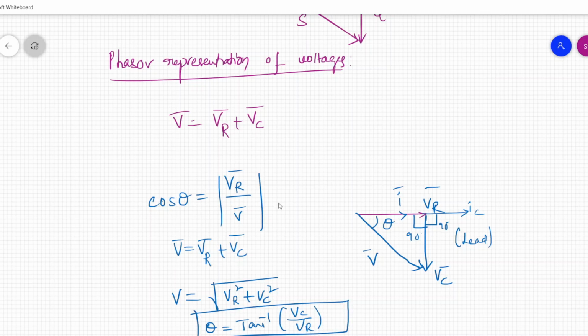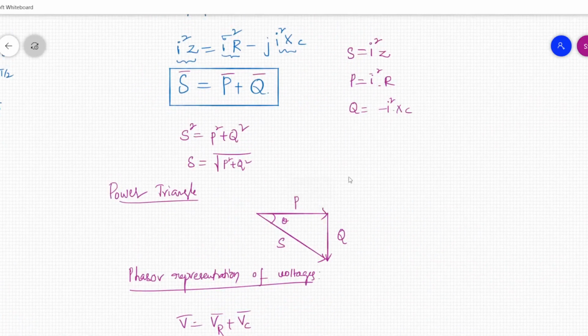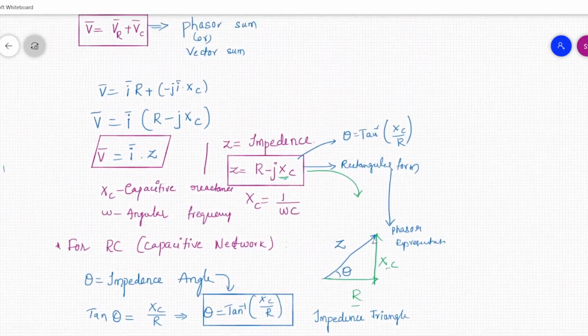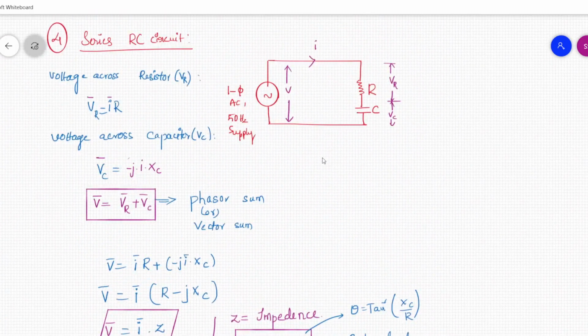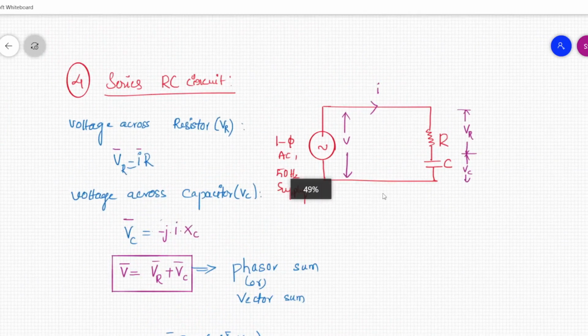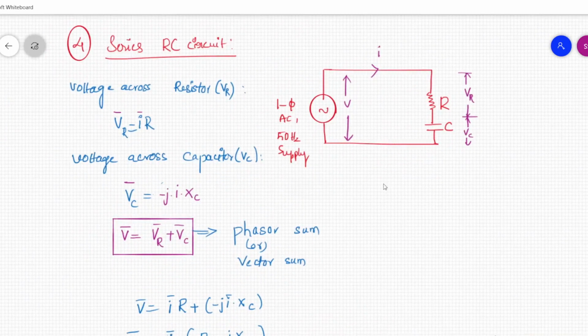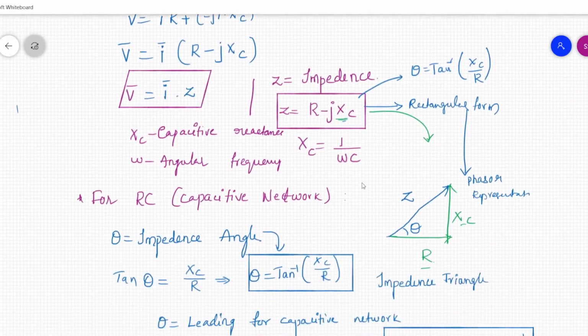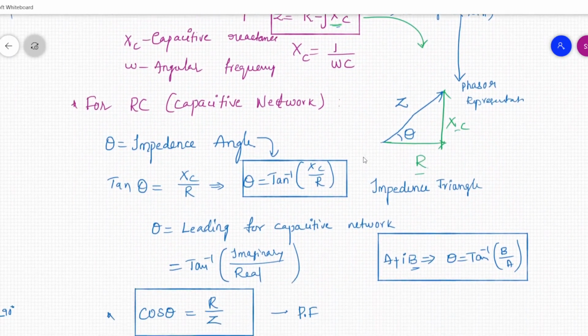Let me brief it again. We are going to find the voltage across each element first. Here we have found the voltage across each element, that is VR and VC, and we have found the impedance, that is Z equal to R minus jXC, and we have drawn the impedance triangle here.